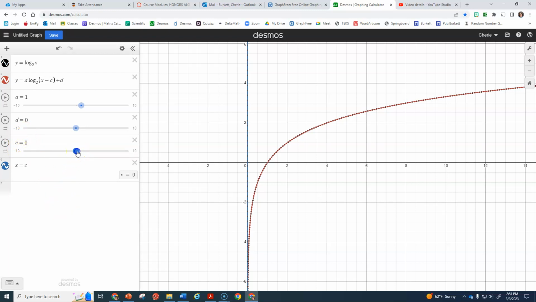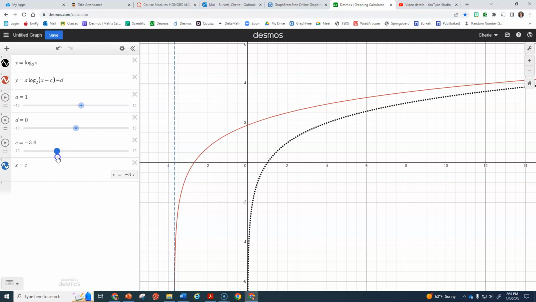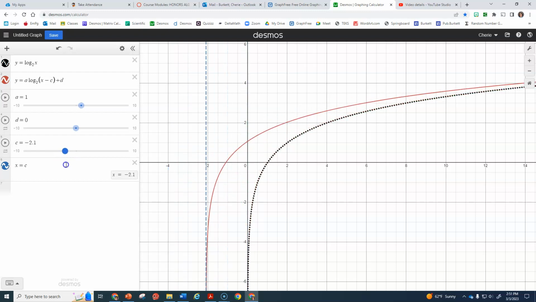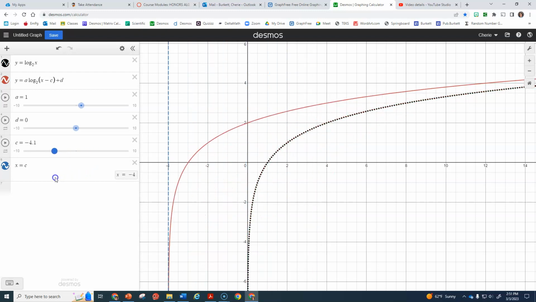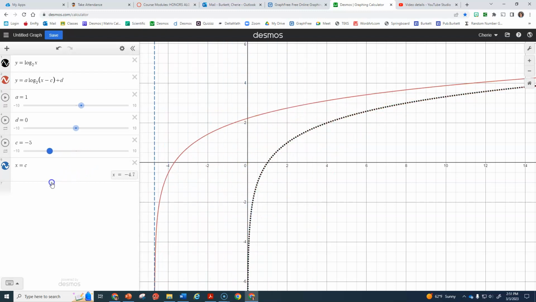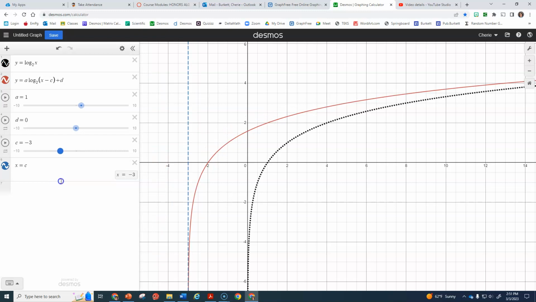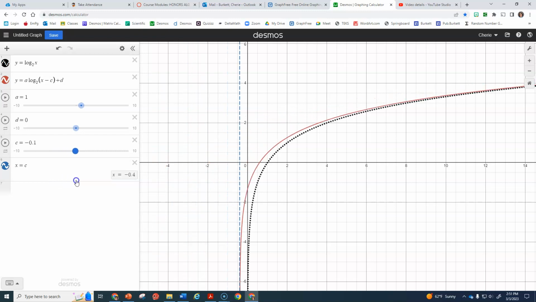Okay, so C is also changing where it crosses the x-axis. It changes the x-intercept, and if we move C this direction, now we do have a y-intercept. And the y-intercept probably can be calculated by knowing what the value of C is, but there's some other things involved too, so we're probably just going to leave the y-intercept to visually knowing what the value of that one is.